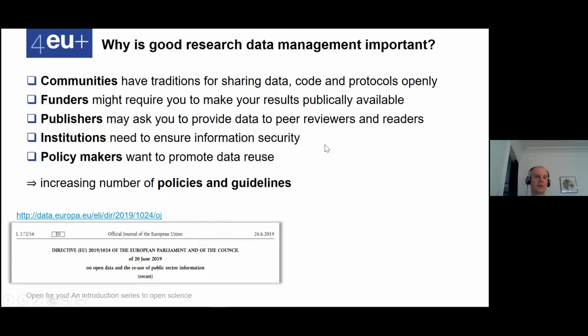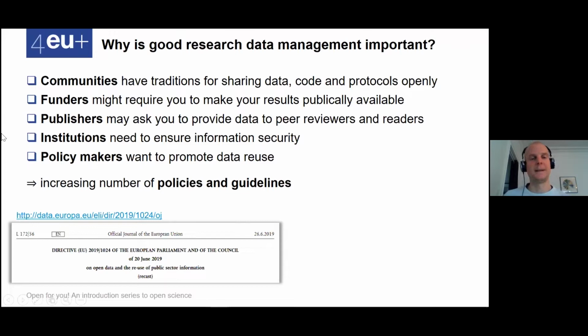For example, if we go to the very, very top level, the European Parliament, they have updated the directive on public sector information, the so-called PSI directive, to explicitly include research data. So it says actually research data from European research institutions have to be open by default.